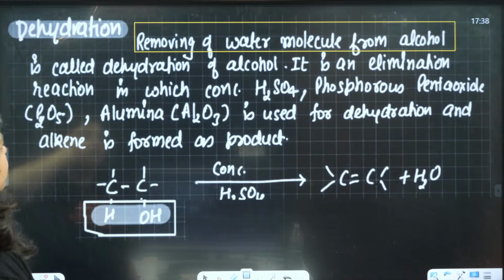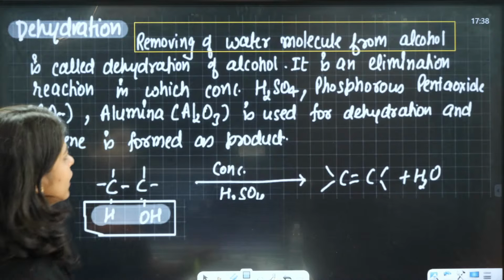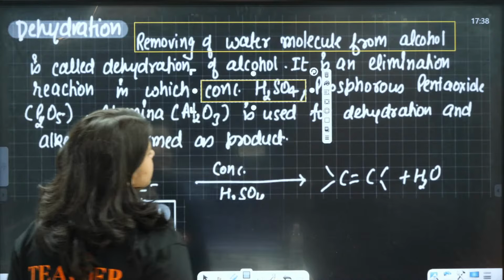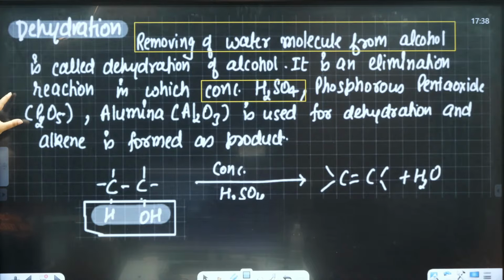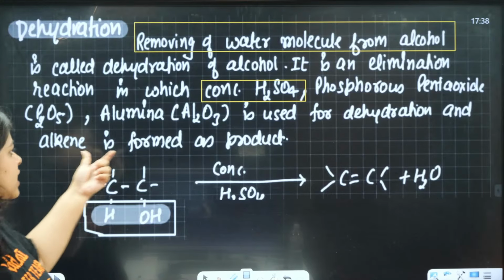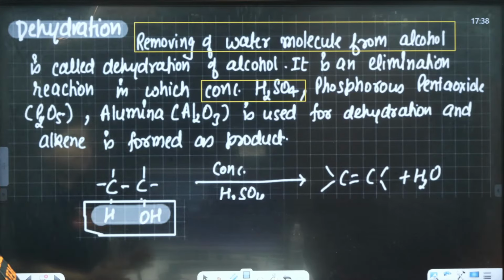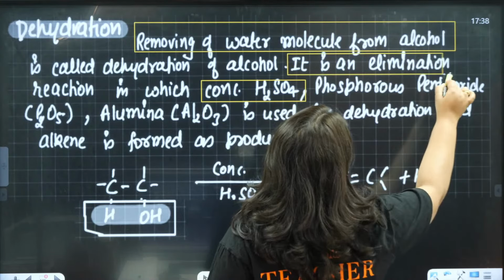Now, dehydration of an alcohol is an elimination reaction in which concentrated H2SO4, phosphorus pentoxide, that is P2O5, and alumina, that is Al2O3, are used for the dehydration, and alkene is formed as the product.